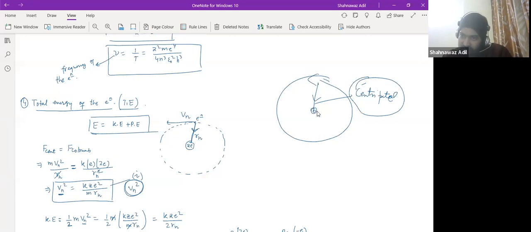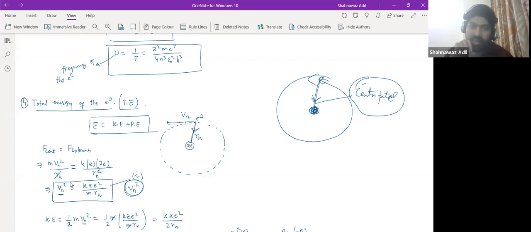The force of attraction between the positive protons and this electron which is revolving. So that would be the Coulomb force. So I have written this centripetal force, which is mv square by r, and that is equal to the Coulomb force, kq1 q2 by r square. Then I just calculated this Vn square value, which has some purpose. So that is why I wrote it.